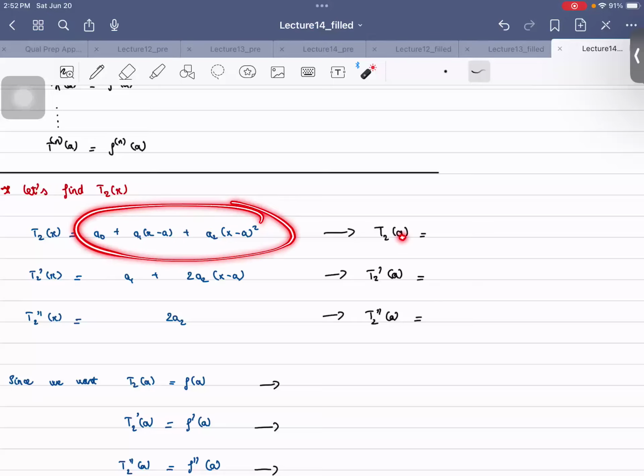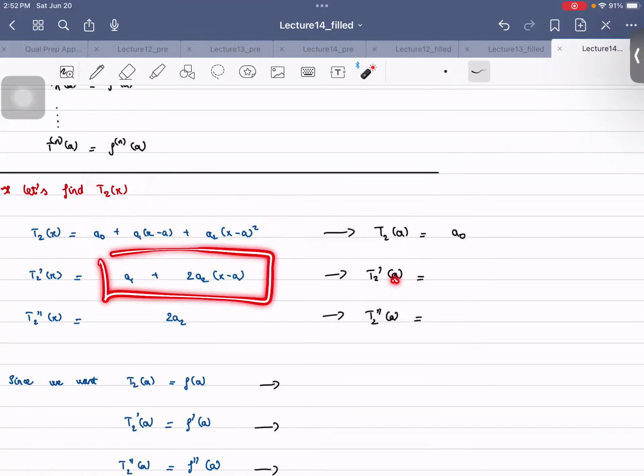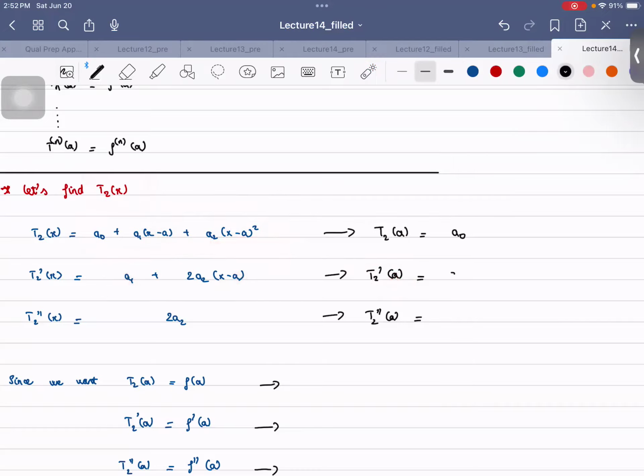If I plug in the input a, I'm going to have a0, because if you plug in a, the a minus a terms vanish. For the slope of the approximation, I'm going to plug a into my formulation, so if I plug in a, I'm going to have a1. And if I plug a into my second order derivative, I'm going to have 2a2.